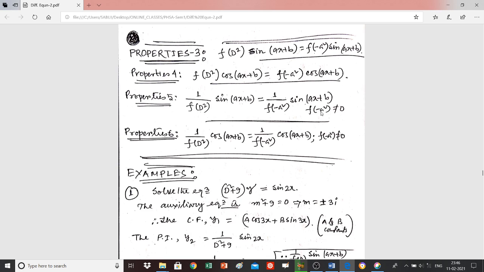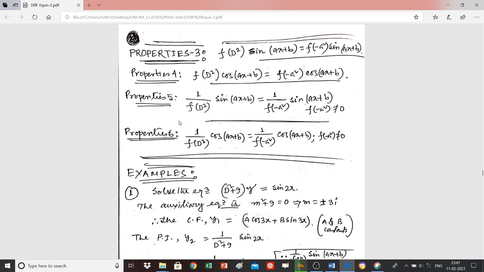This is the condition to be considered. Similarly, 1 by f(D square) cos(ax plus b) is equal to 1 by f(minus a square) cos(ax plus b), subject to the condition f(minus a square) not equal to 0. So these are the properties.